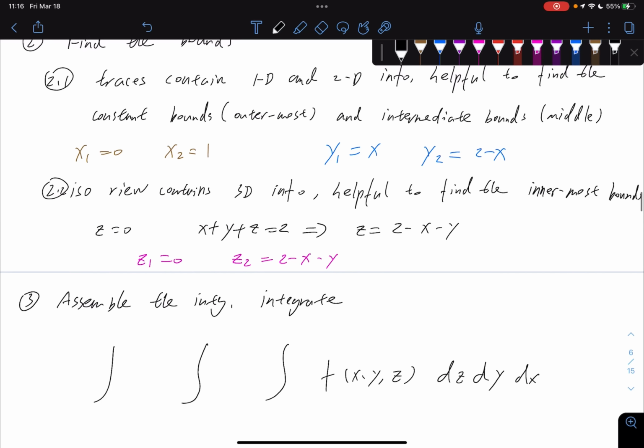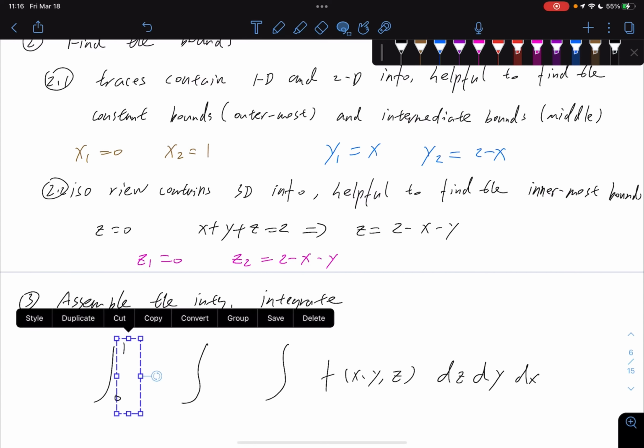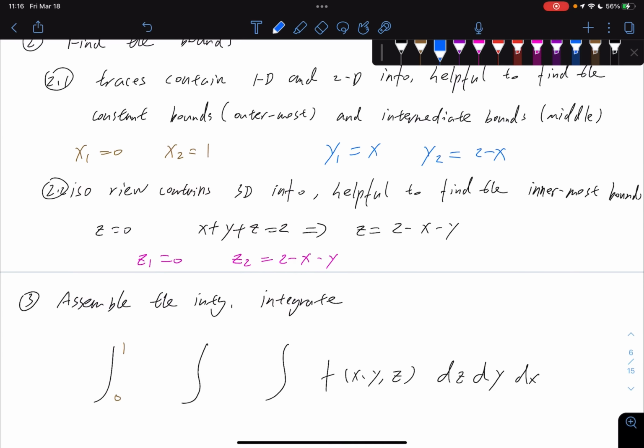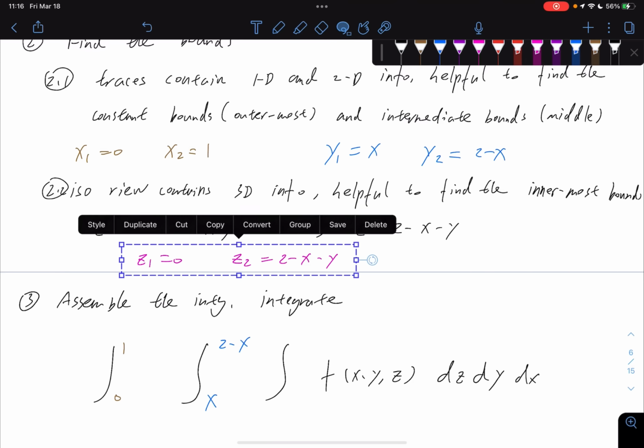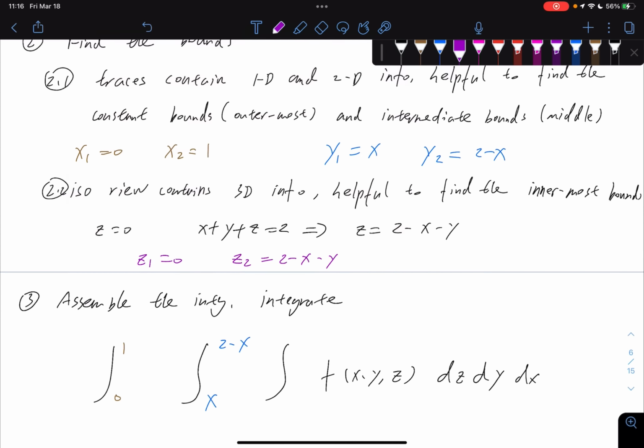Our x bounds will be 0 and 1, colored in brown, and then y1 will be x, y2 will be 2 minus x, and then our final bound, let's make this purple, z1 will be 0, and z2 will be 2 minus x minus y.